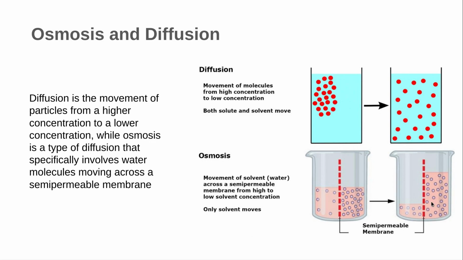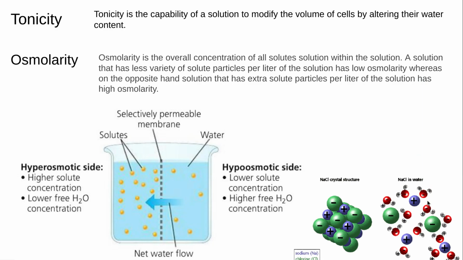Therefore water keeps moving until there is the same concentration of solutes on both sides of the semi-permeable membrane. So the word tonicity means the capability of a solution to modify the volume of cells by altering their water content. So what is the capacity to move water, basically?